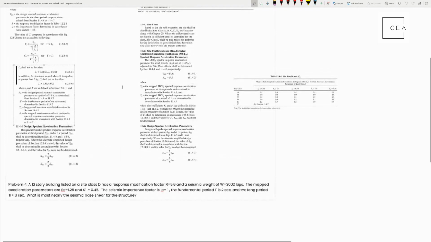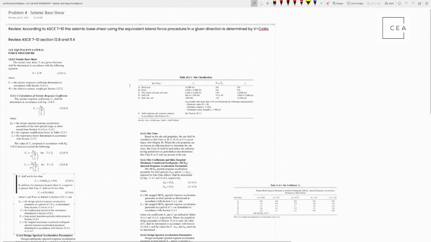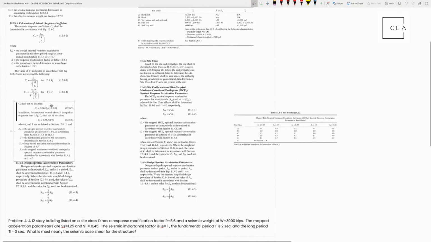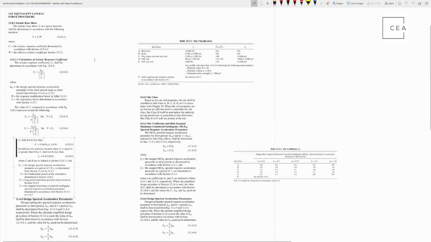So my point in showing you all of this is that you take a simple equation, V equals CS times W, and you realize that there are a lot of different pieces that you may need to solve for this equation. And the truth of the matter is that on the PE exam, any one of these pieces could be a question, a piece of the puzzle that you may need to encounter.